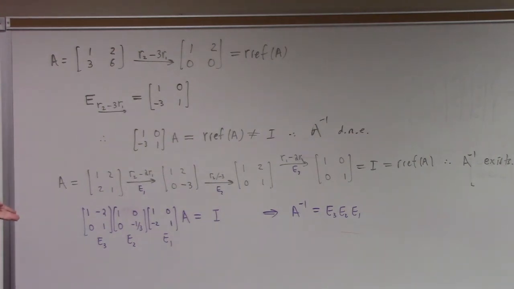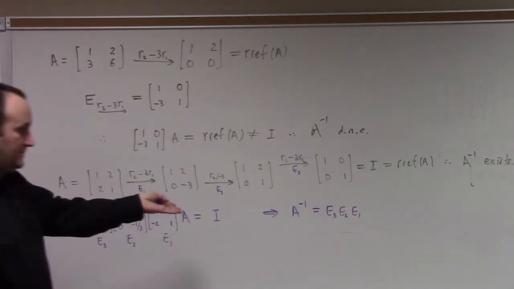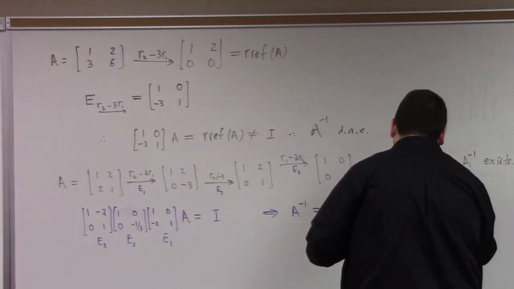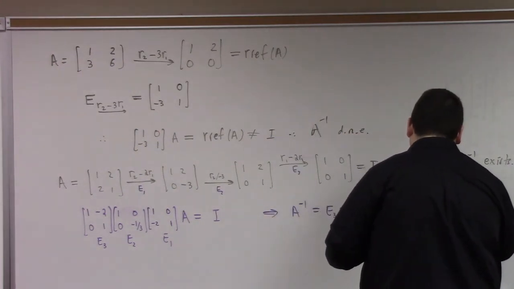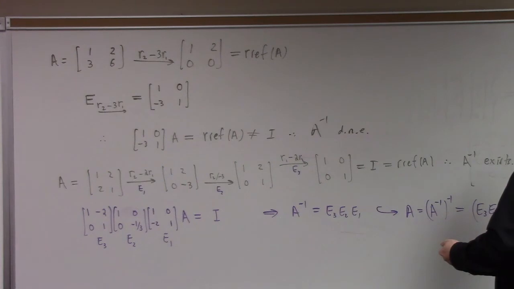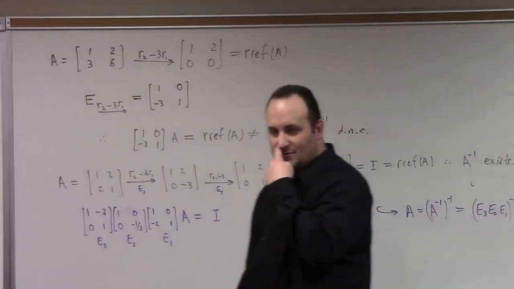Can we write A as a product of elementary matrices? Yes, we can, right? A is A inverse inverse, by the way, which is E3, E2, E1 inverse, which by socks and shoes is E1 inverse, E2 inverse, E3 inverse. Did I have enough socks on? I don't remember, but it would just be socks.